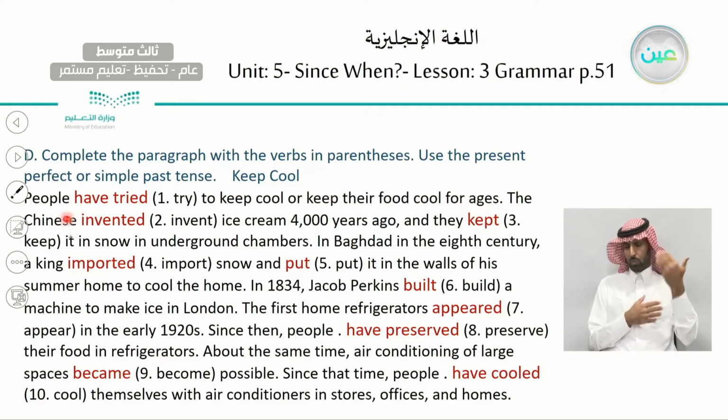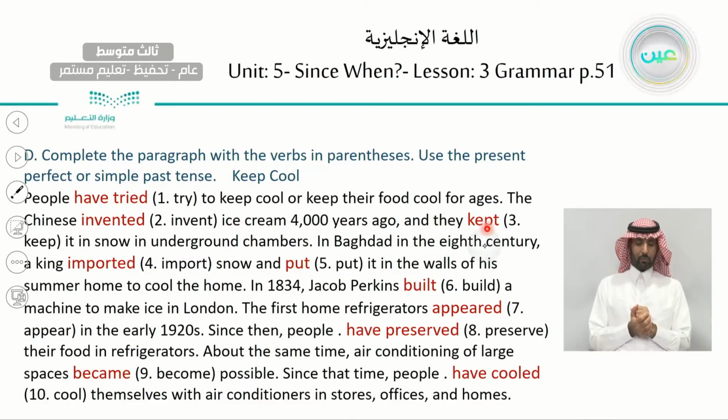The Chinese, we said here, we have a time. That's why we said past, invented ice cream 4,000 years ago. And they, here we are continuing the same sentence. That's why we keep the same tense. So here we are using the same.